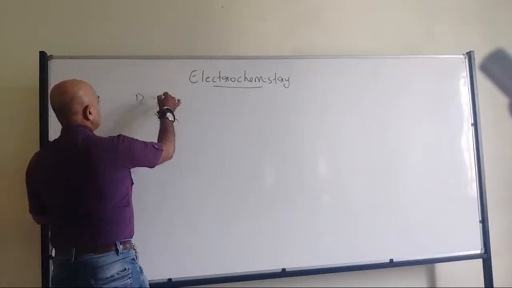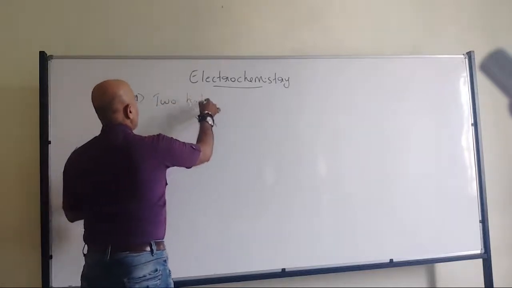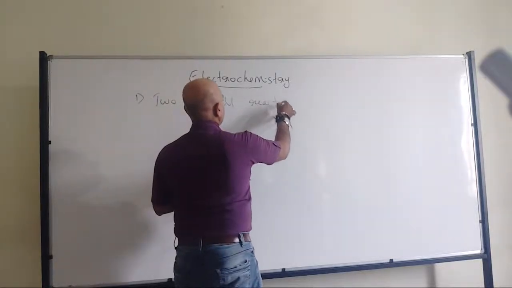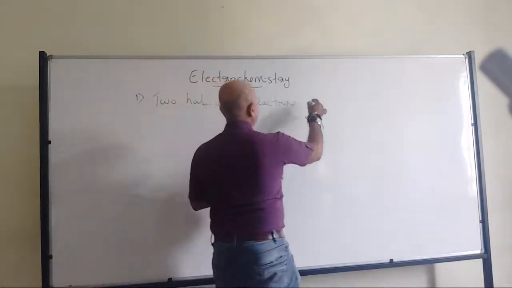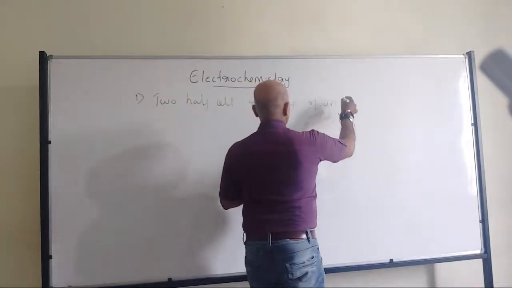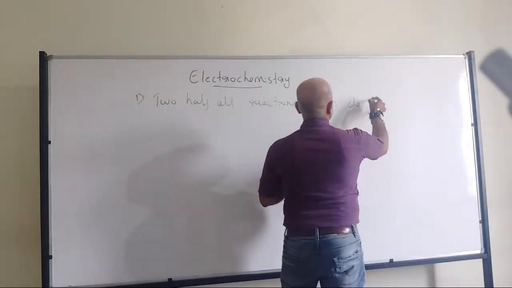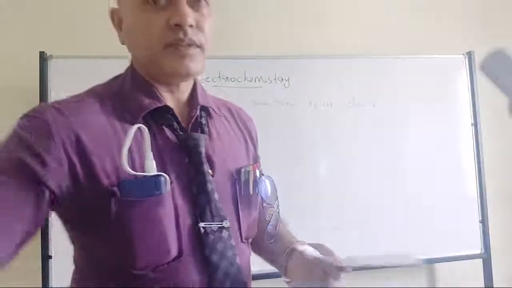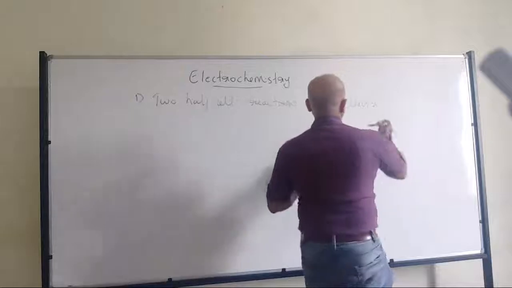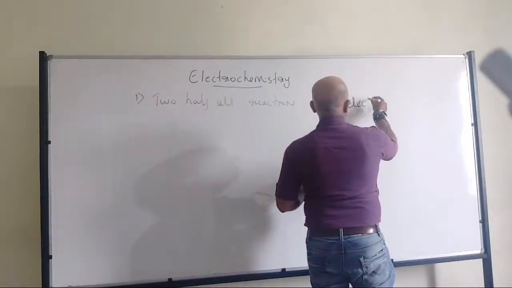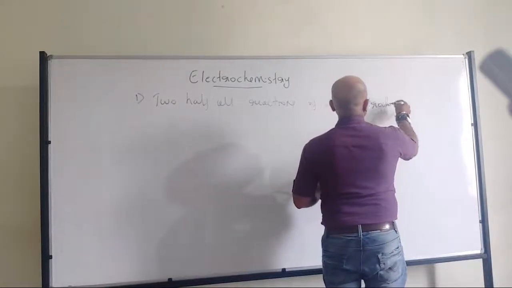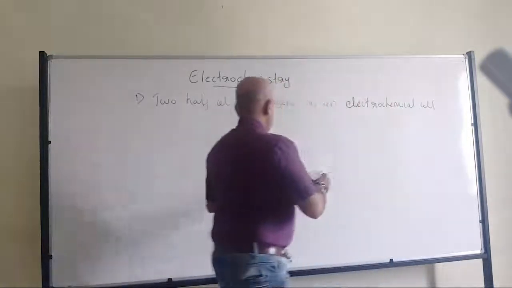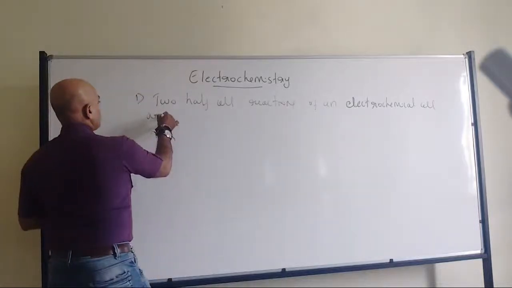two half cell reactions of an electrochemical cell are given below.